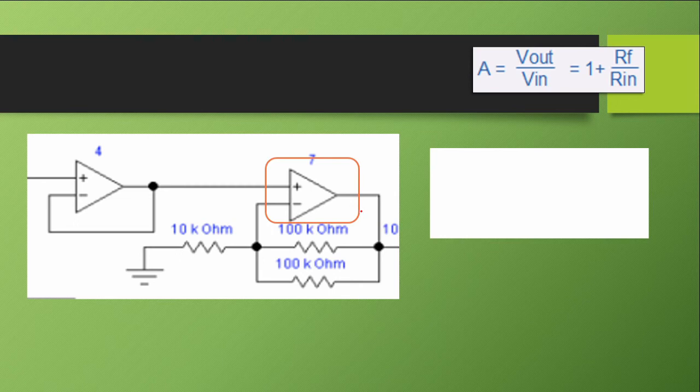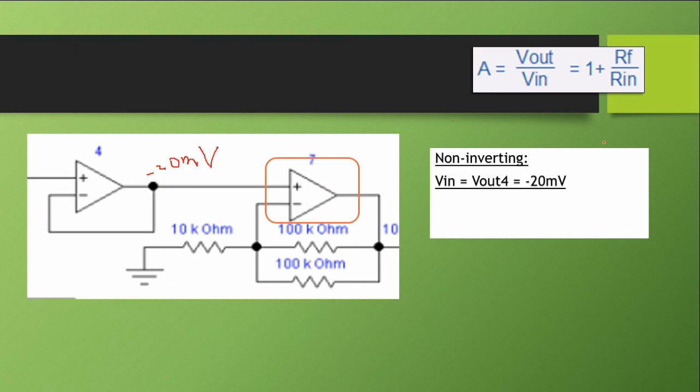For op amp 7, what is this? This is an inverting, right? Oh no, it is non-inverting because our input is coming from op amp 4 and the negative terminal is connected to ground. 100k parallel to 100k is 50k, so our RF is 50k. V in equals V out 4, which is negative 20 millivolts from our previous calculation.